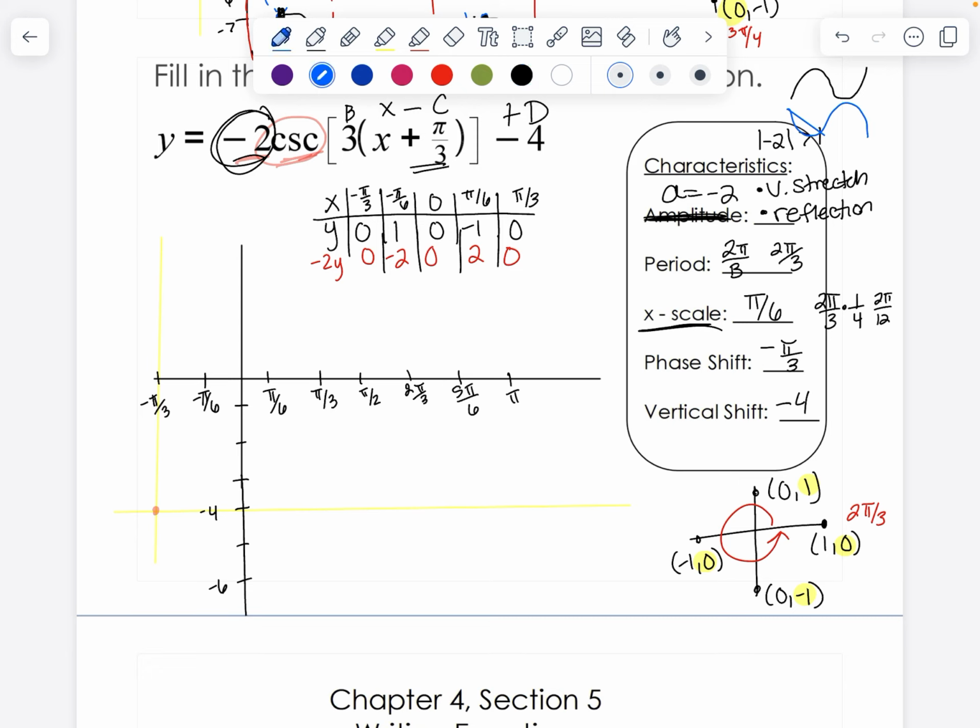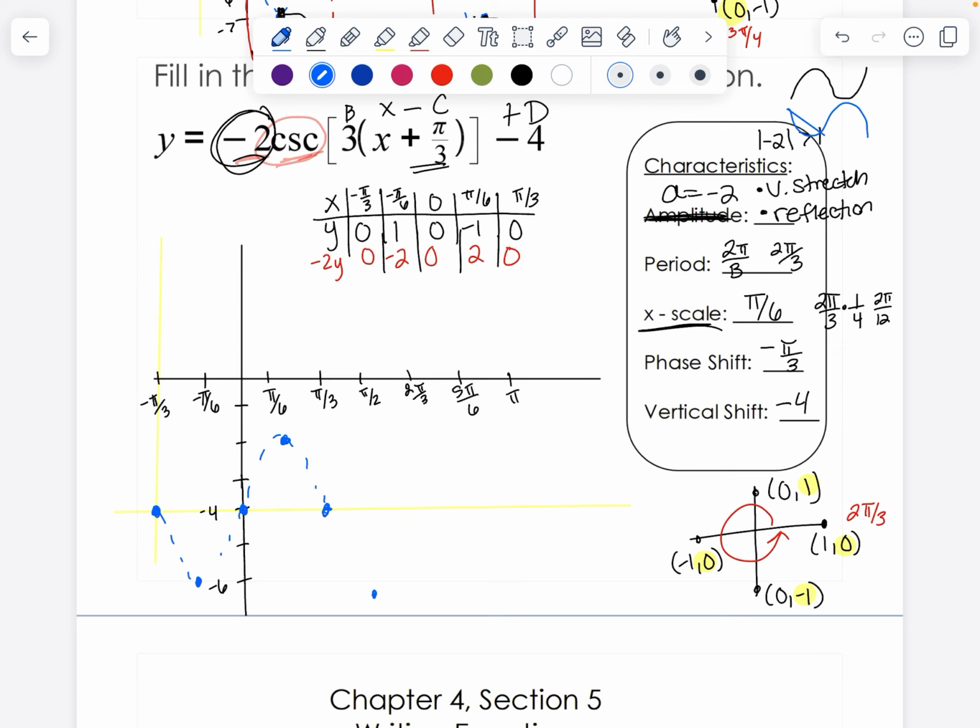So I'm going to start at -pi over 3, and I'm going to be at 0. So 0, 0 is right there. Then -pi over 6 and down 2. Then 0 and 0. Then positive pi over 6 up 2. Then pi over 3 at 0. So there is my one cycle of sine.